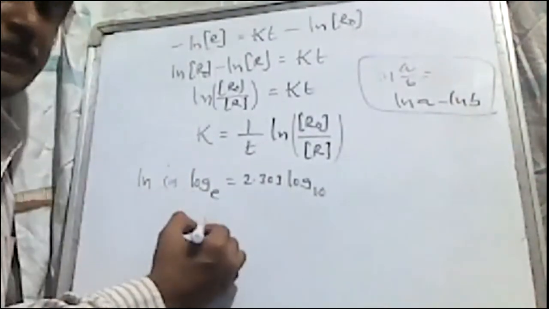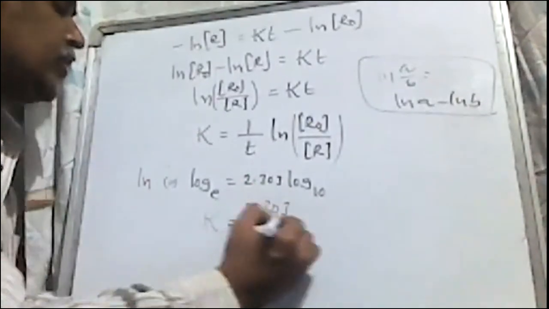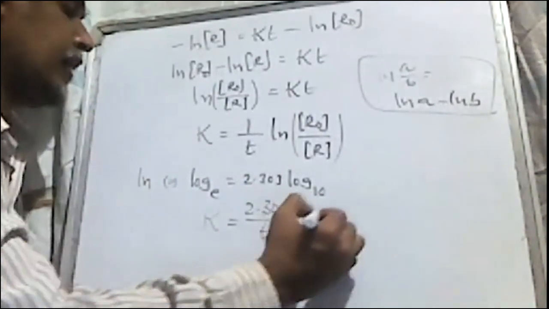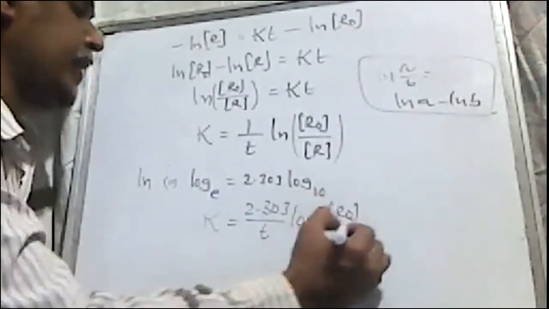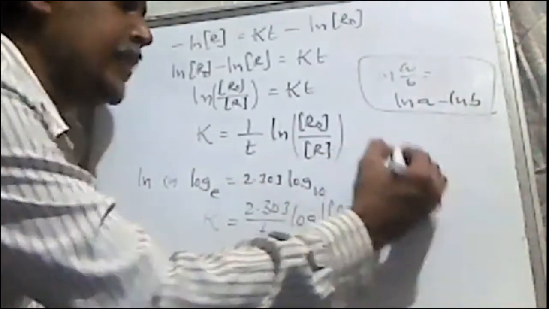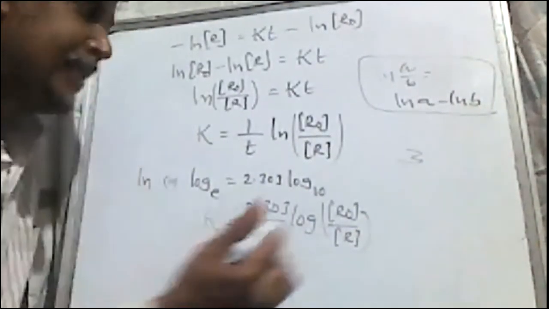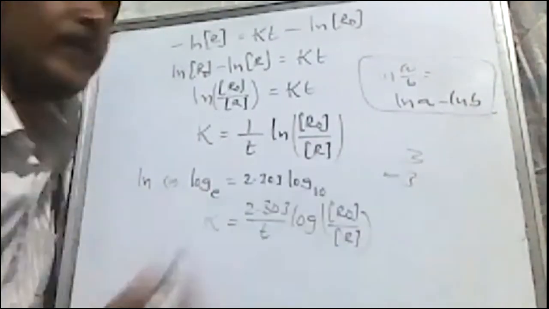If I substitute this, then what is happening? K is equal to 2.303 by t into log r naught by r. If I write 3, it is a plus 3, there is no need to say plus. If it is a minus, then I have to mention it.